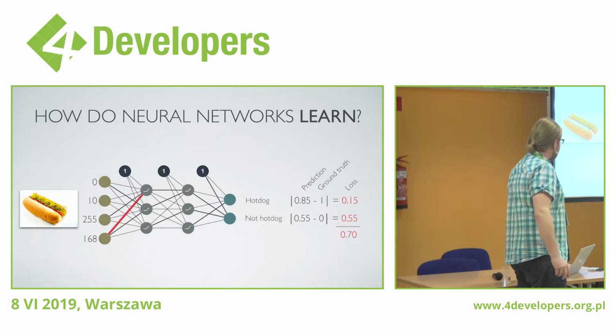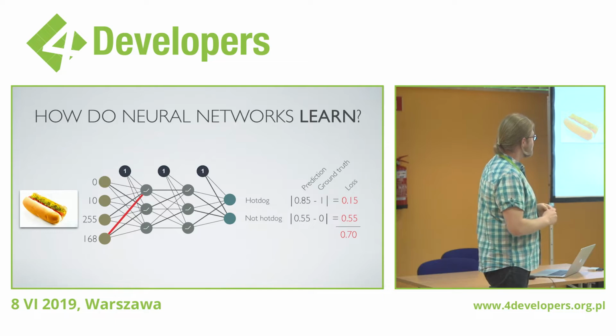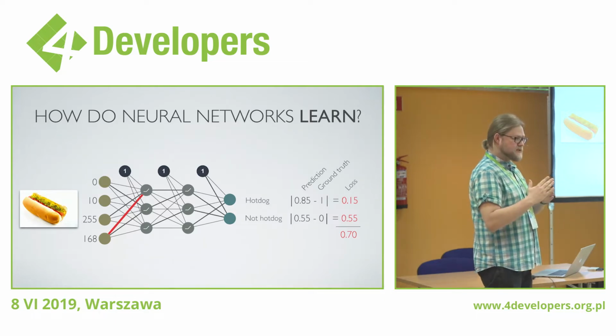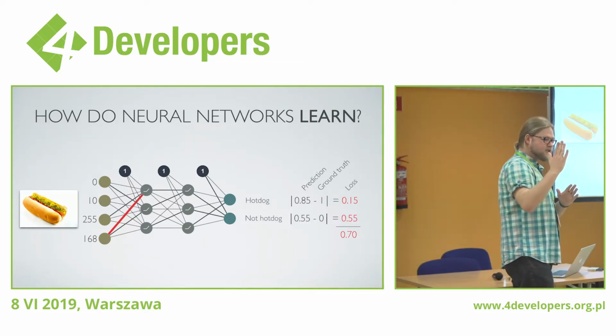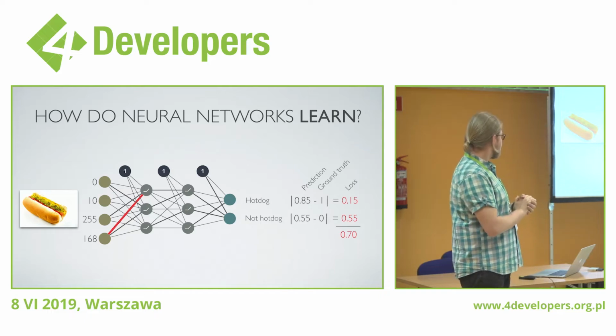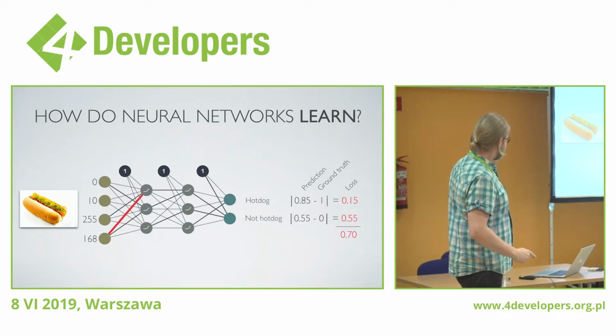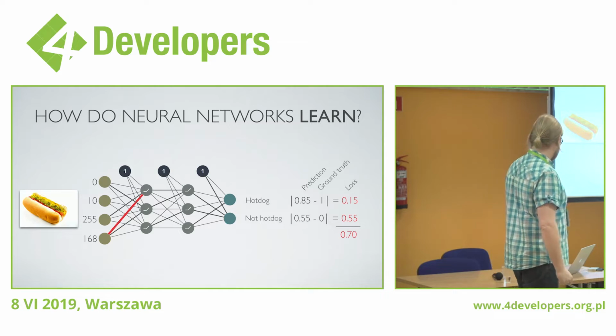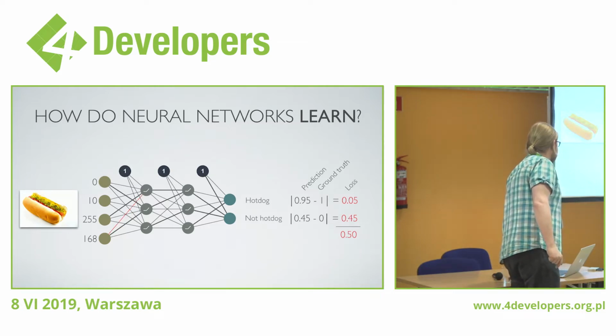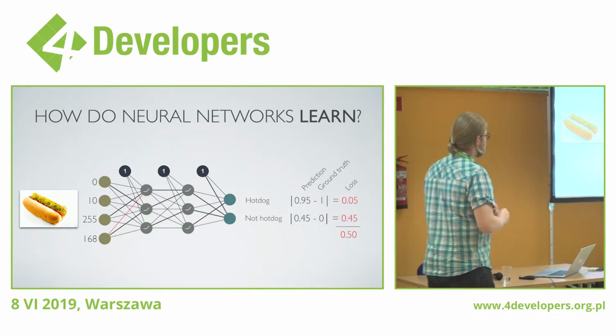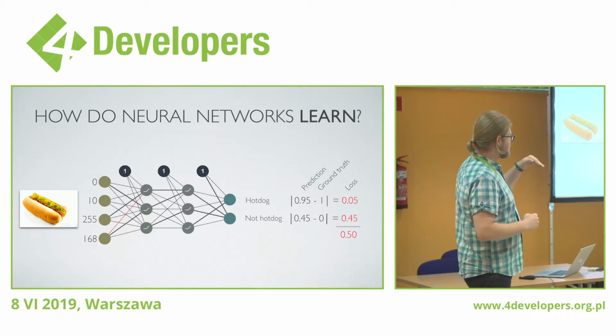And now that we're making a change to this particular weight, the loss increases. So adjusting this weight to make it a larger value, to make it a heavier weight, won't help us. So in fact, for this weight, what would happen if we made it lower than it was before? Well, then the loss goes down.